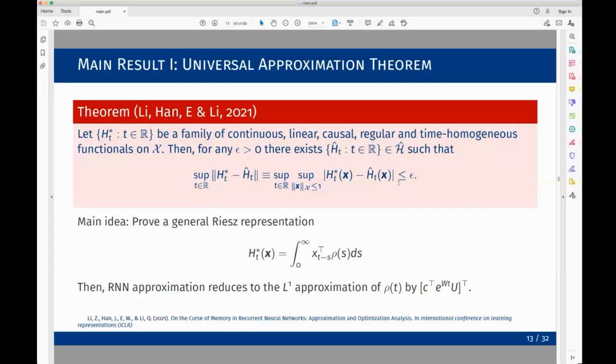So this is a reverse side of our properties of linear functionals. You can interpret it as a universal function approximation theorem in the RNN setting.